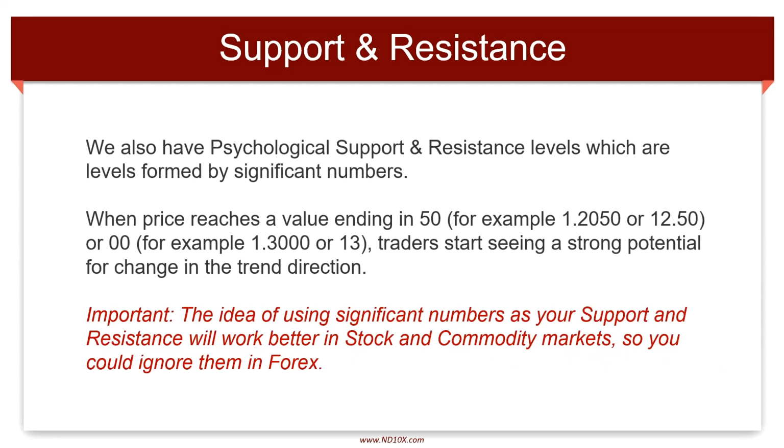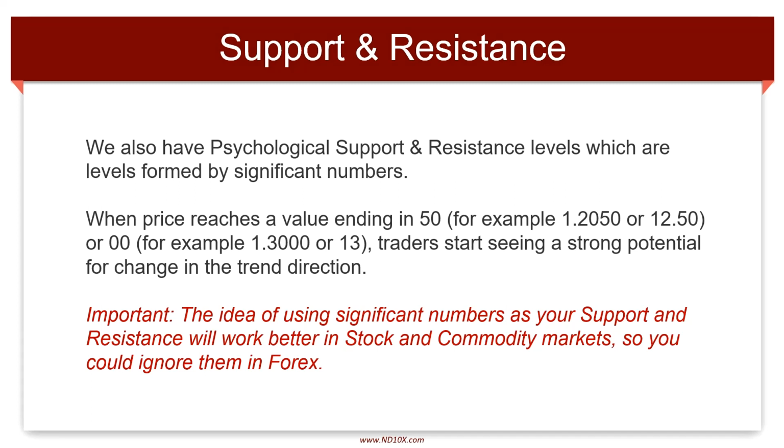We also have psychological support and resistance levels, which are levels formed by significant numbers. When price reaches a value ending in 50s, for example 120.50 or 12.50, or zeros, for example 130 or 13, traders start seeing a strong potential for change in the trend direction.